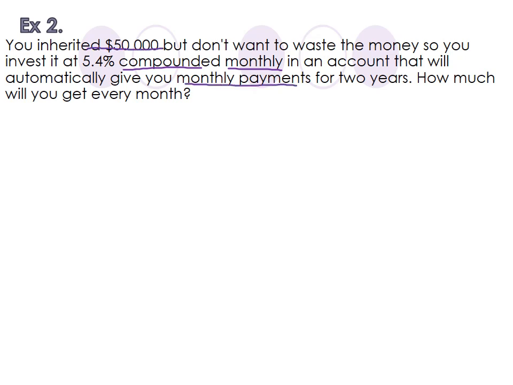It's going to give you monthly payments. So it gave you the present value, how much you inherited. It wants to know how much the monthly payments would be if you're going to make equal withdrawals for 2 years.